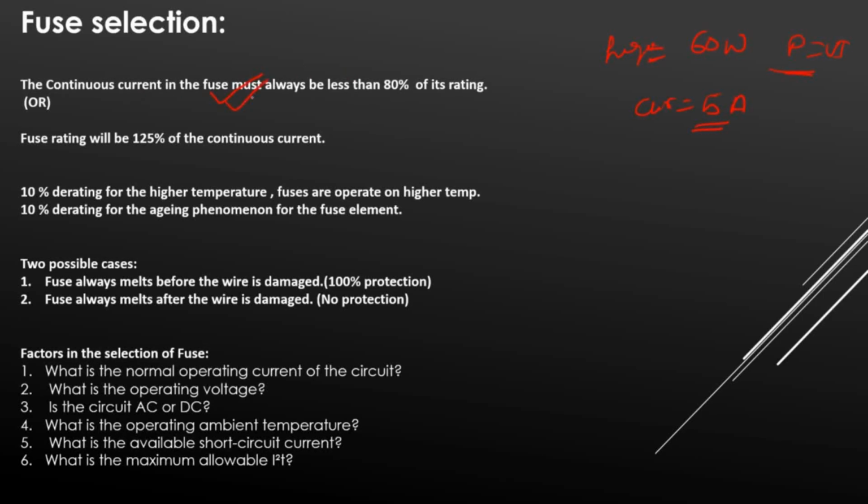Now the first question: how does fuse selection happen? The continuous current in a fuse must always be less than 80% of its rating. It varies from company to company, a few take 75, 70 or 80, but for now just remember 80% of its rating. Or you can say the fuse rating will be 125% of the continuous current. Both statements are the same, you can do it either way.